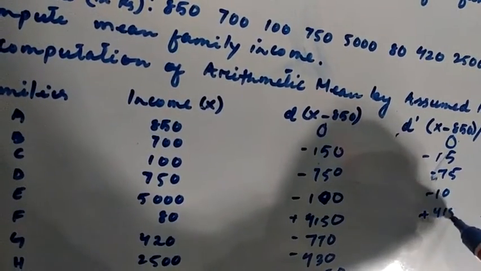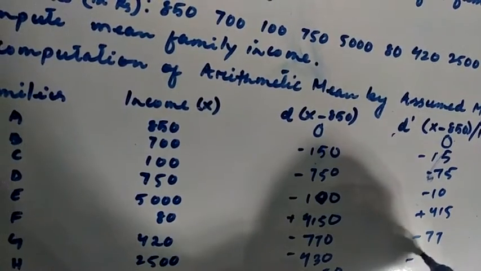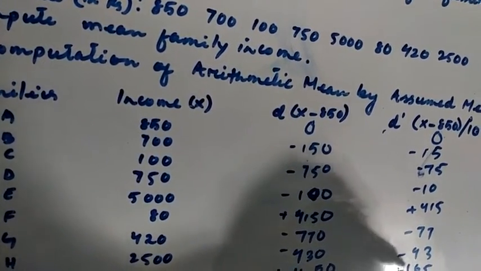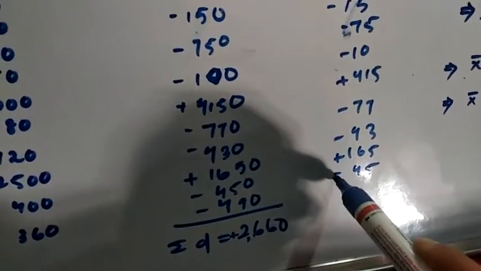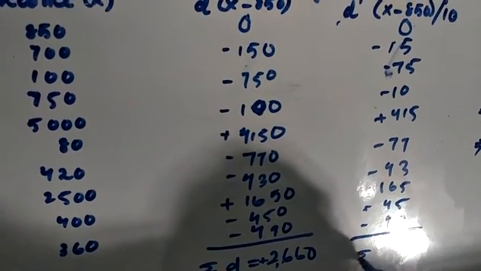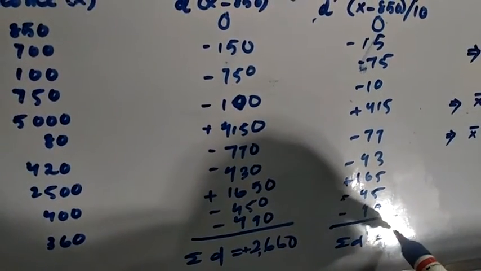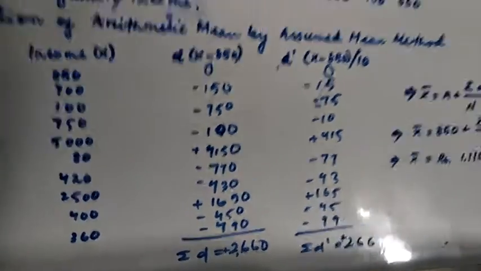Plus 415, minus 77, minus 43, plus 165, minus 45, and then minus 49. So the summation of d dash equals 266.